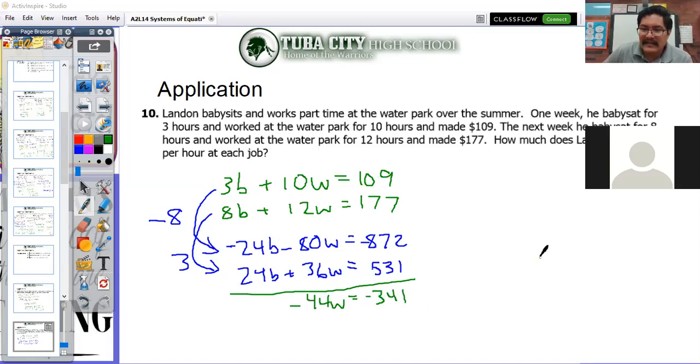And I'm gonna see if I can easily divide this by 44, I'm sorry. And we get W equals 7.75.